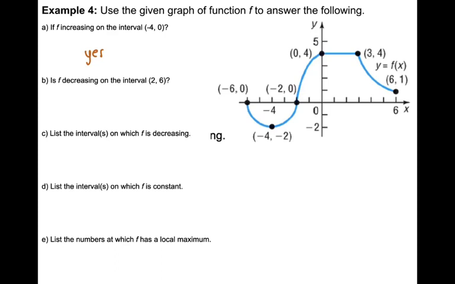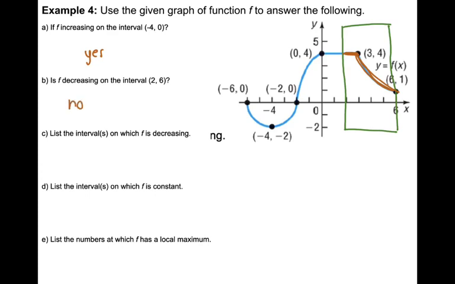Next one: is f decreasing on the interval 2, 6? If I were to draw a box along the interval 2 to 6, and we look at our function inside of that box defined by that interval, is the function strictly decreasing? Now, the issue is this flat part here.